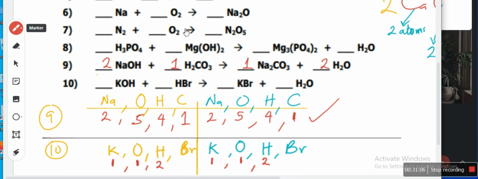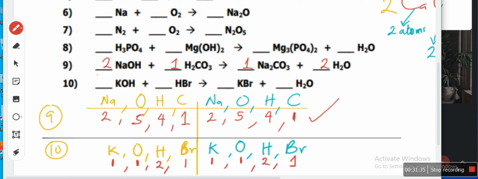We check again. Finally, bromine. How many atoms of bromine? On the reactant side, we have one. How many atoms of bromine do we have on the product side? Here, we also have one.